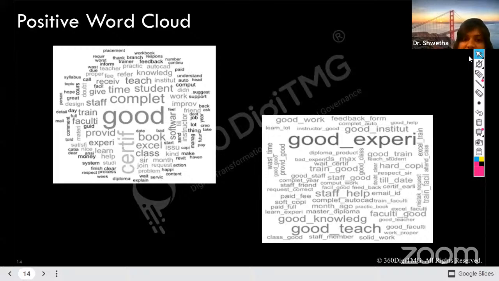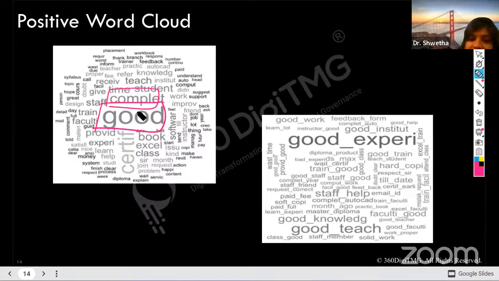Then there are positive word clouds, which give the word clouds of the positive words and the frequency of the repetitions.